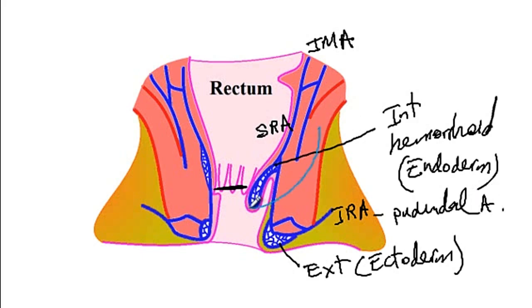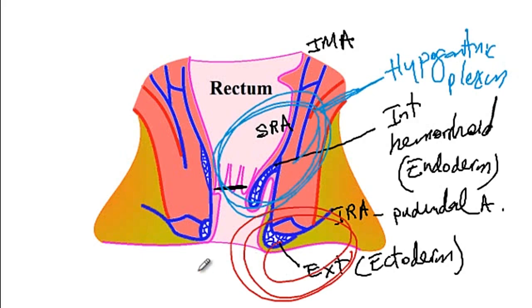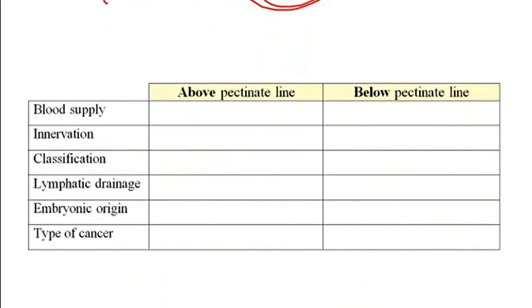And then in terms of the innervation, the internal hemorrhoids are being innervated by the hypogastric plexus, and thus it's painless, while the external hemorrhoids are being innervated by the pudendal nerve, and so therefore external hemorrhoids are painful.